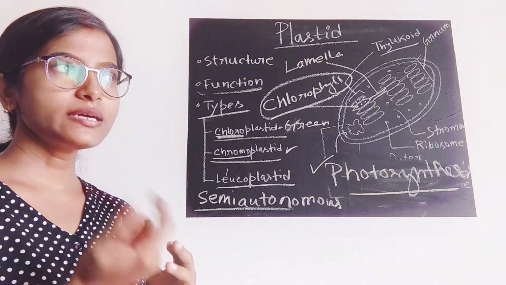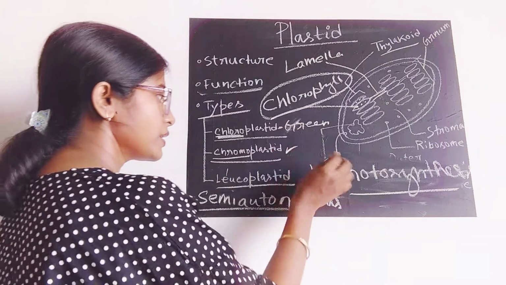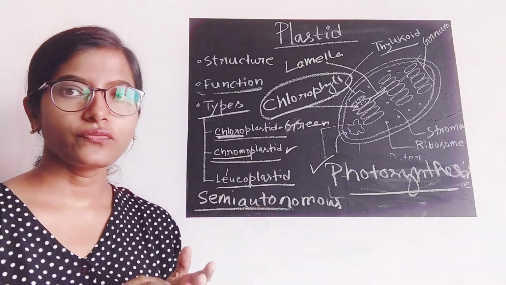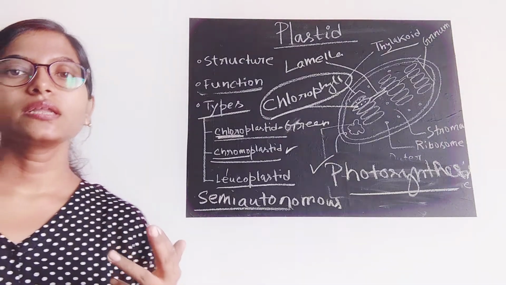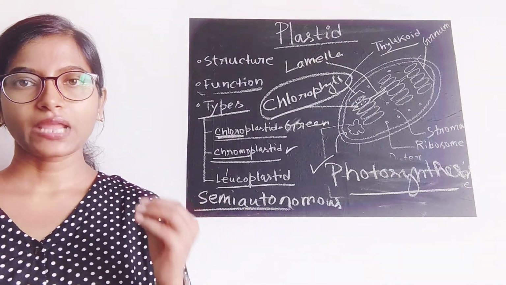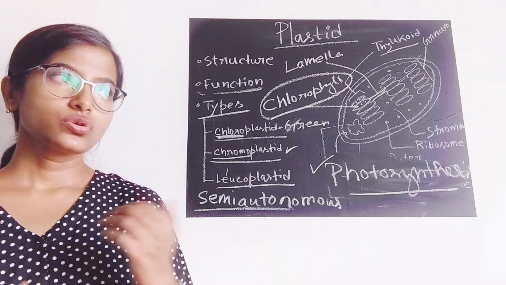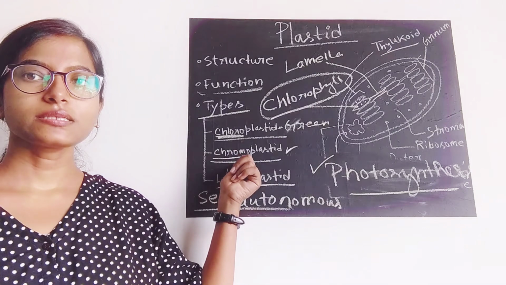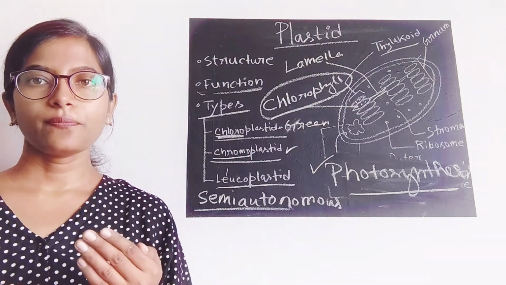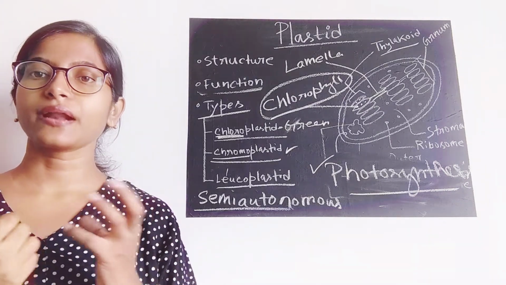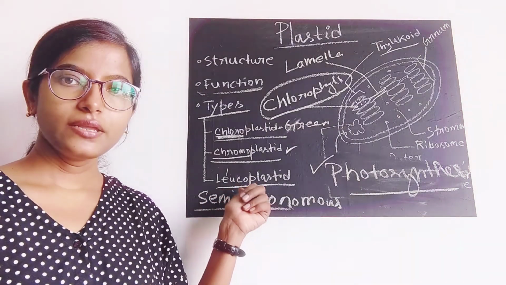There are some other pigments, like carotene and xanthophyll. These are responsible for giving different colors: carotene gives orange color and xanthophyll gives yellow color to the plant parts. So the function of chromoplastid is giving color to the plant parts and also helping in pollination by attracting the pollinators.